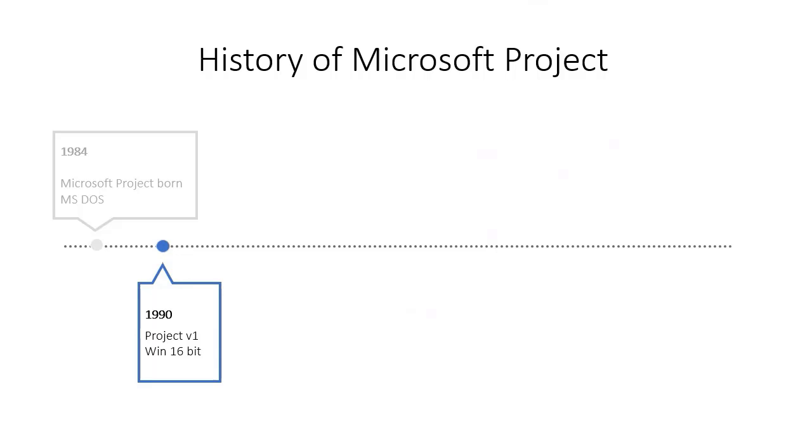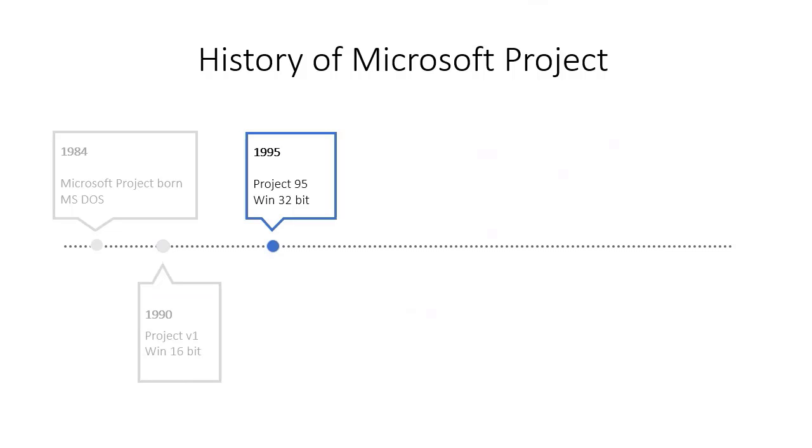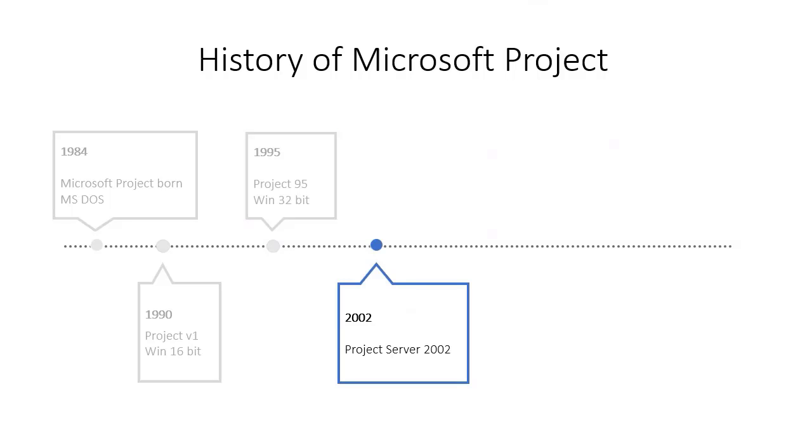Here is the timeline of the important focus areas of Project, if you like. In 1990, it was renamed Project version 1, which was a Windows 16-bit application. In 95, we had Windows 32-bit. Not all of Windows was 32-bit, but Project for Windows 95 was a 32-bit application, and I do remember it being released.